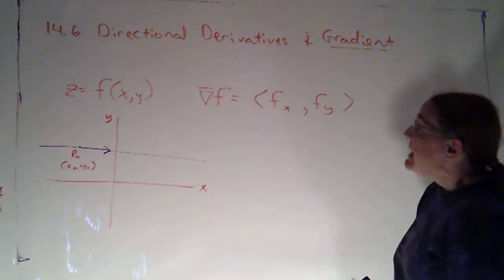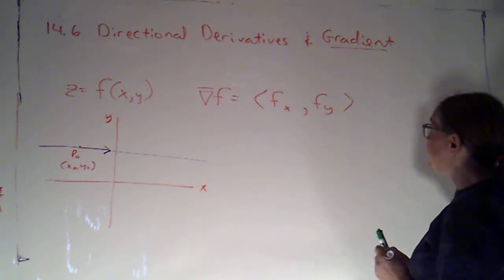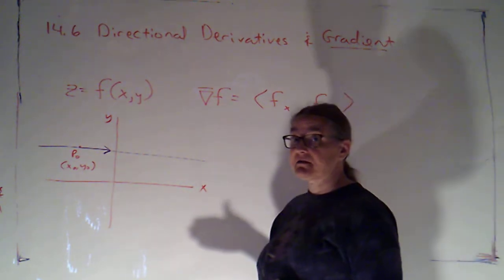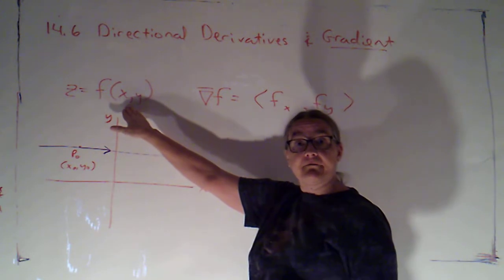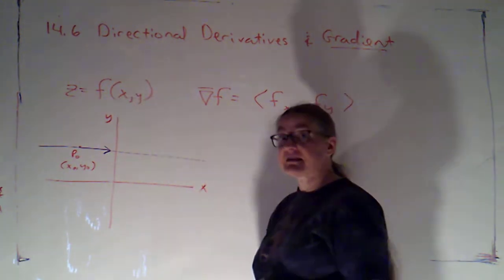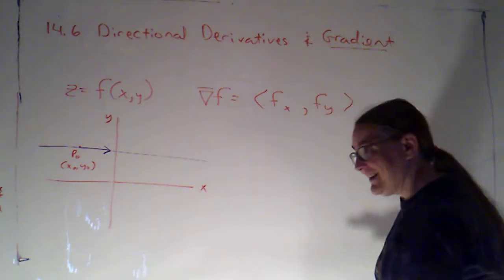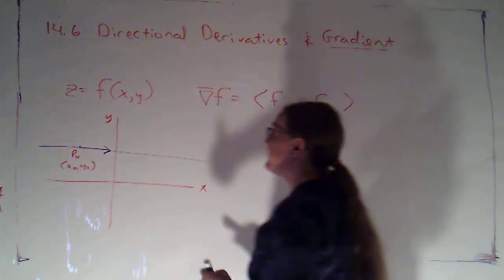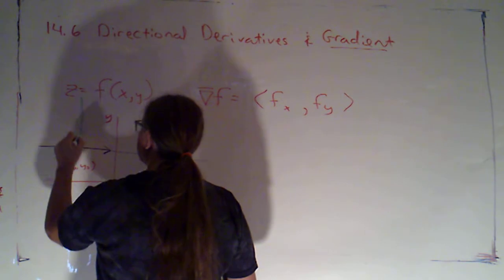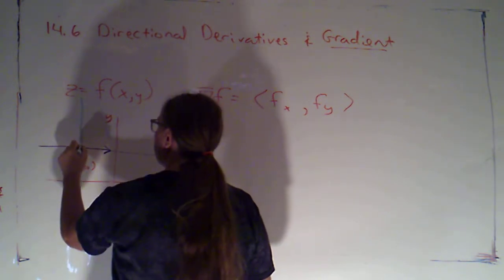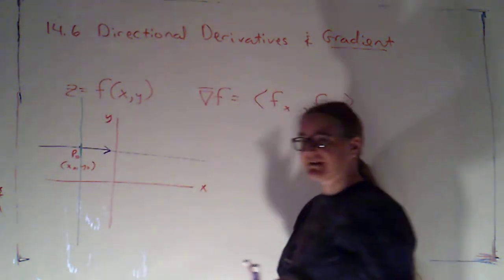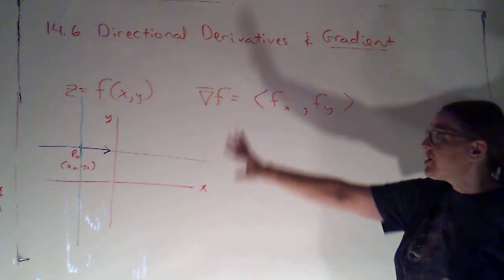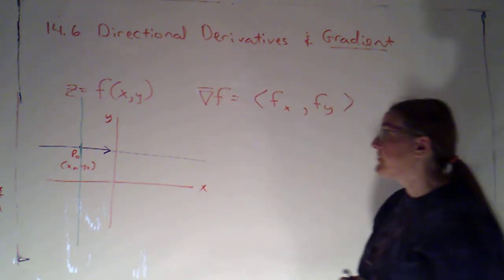Okay. Similarly, if I take the partial with respect to y, I'm holding x constant. I can think of that as taking the graph of the surface and just slicing it with a plane x equals x naught. I could also think of that as taking this line in the xy plane, whose equation would be x equals x naught, and simply restricting my domain to being that line to create a cross-sectional curve.